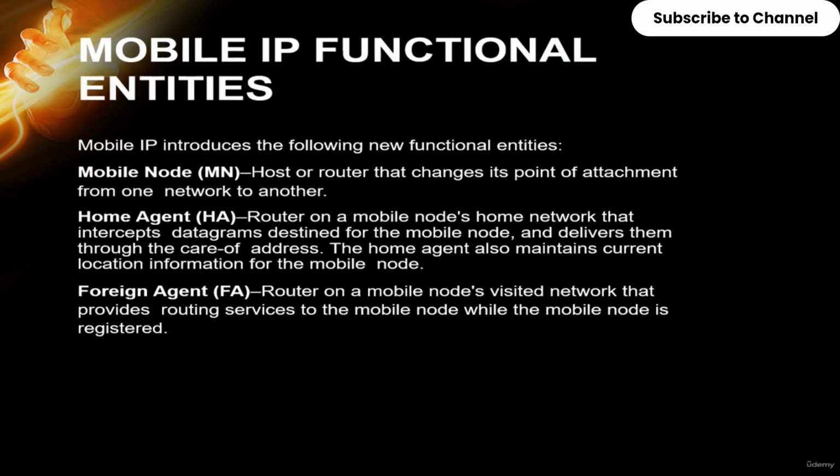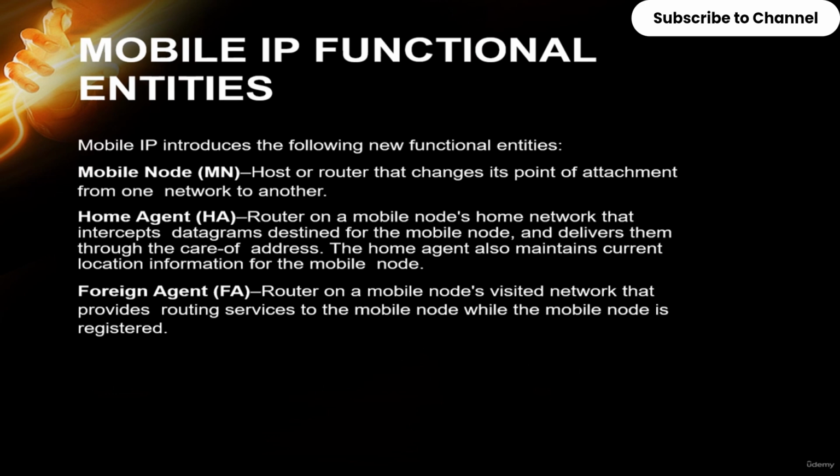This is achieved through functional entities. The functional entities available in mobile IP start with the mobile node. A mobile node is a host or router node, or we can simply say a mobile or a laptop. The next one is the home agent. The home agent is the router which we saw in the previous diagram.